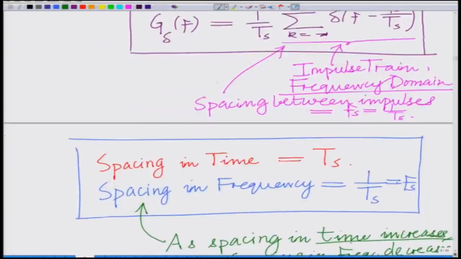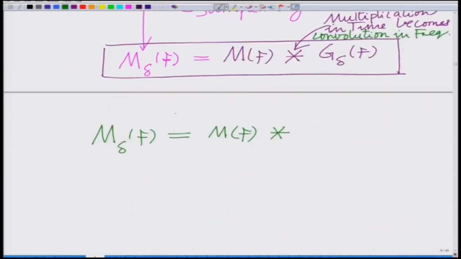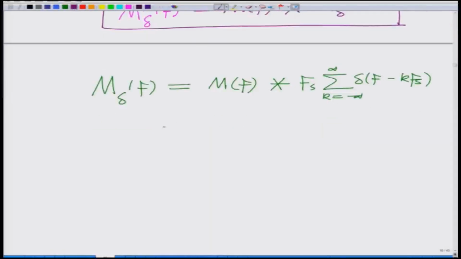So, this is basically the convolution with Fs times summation k equals minus infinity to infinity, Fs delta f minus k Fs, where Fs is the sampling frequency.